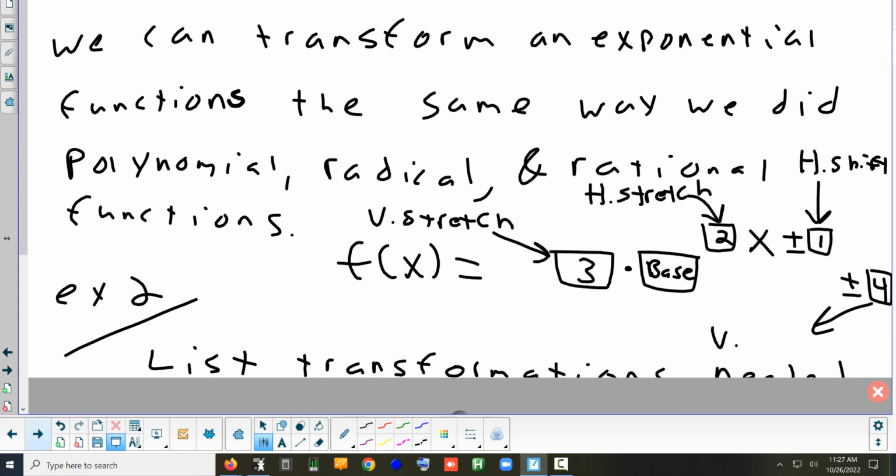That's your vertical shift. If the transformation indicated by position 2 or 3 has a negative, that will cause a reflection, either a horizontal or a vertical reflection. So it's exactly the same as every function we've studied so far.